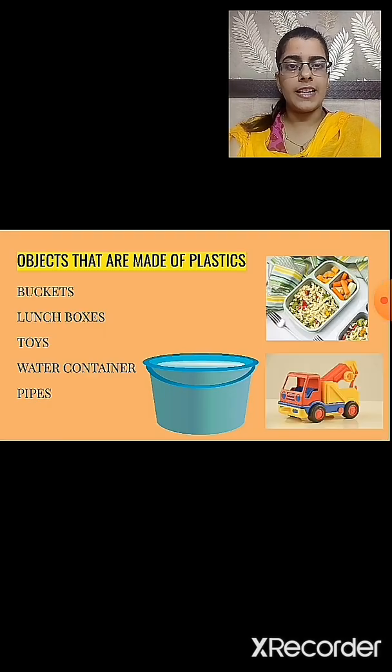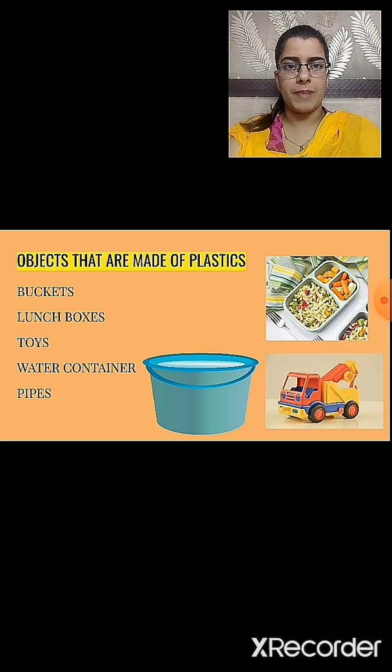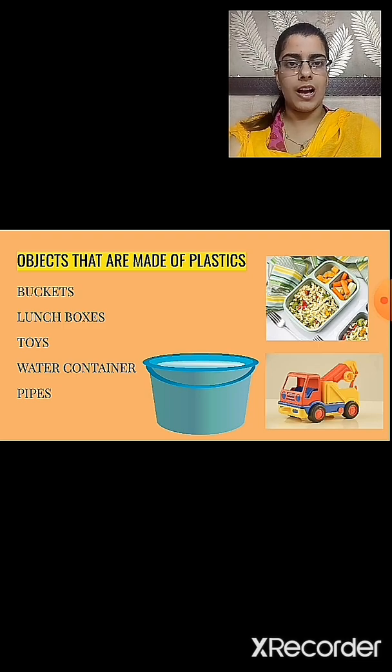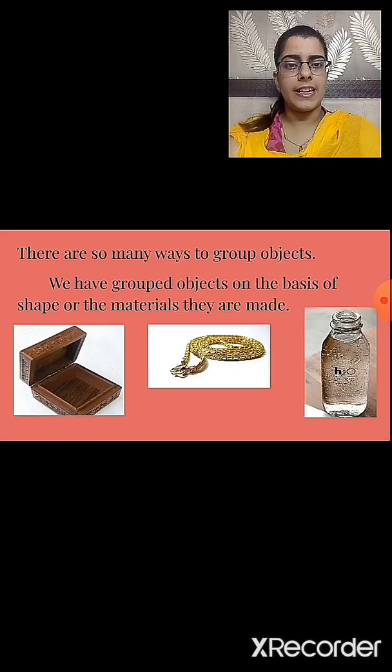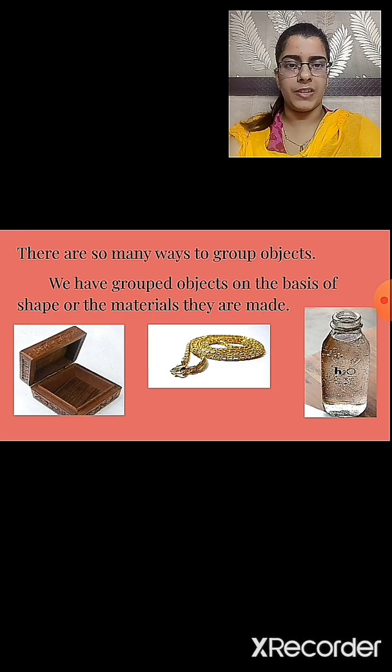You can see that some of the objects are made up of plastic. So, the objects like buckets, lunch boxes, toys, water container, pipes, etc. are made from plastic, isn't it? There are so many ways in which we can group the objects. So we have seen the two ways in which we have grouped the objects.